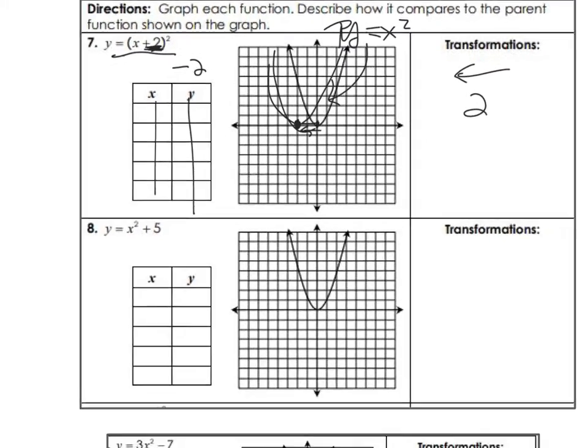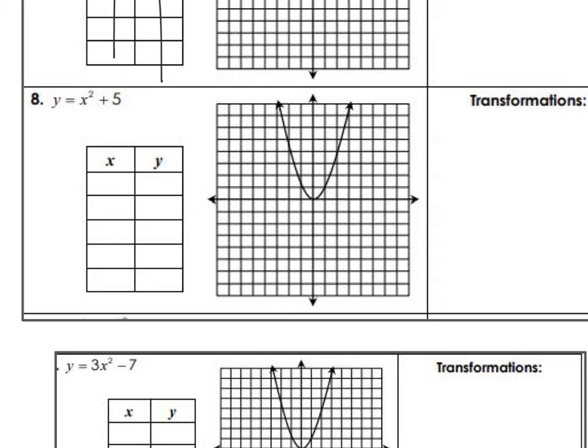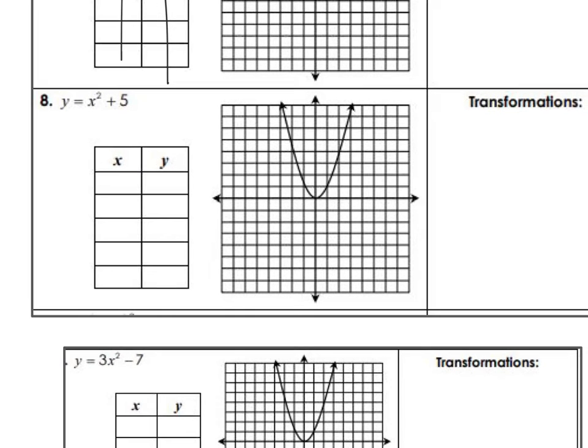Okay, but we're not going to take the time and graph all that because we can just look at it and see. Alright, looking at this one, I don't have any parentheses, so the x-coordinate of my vertex stayed the same. I still have the same axis of symmetry, so it's not shifting left or right.